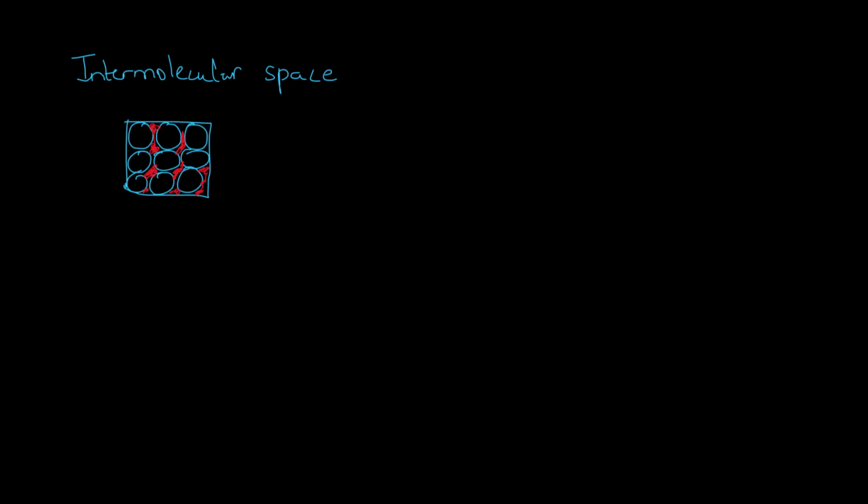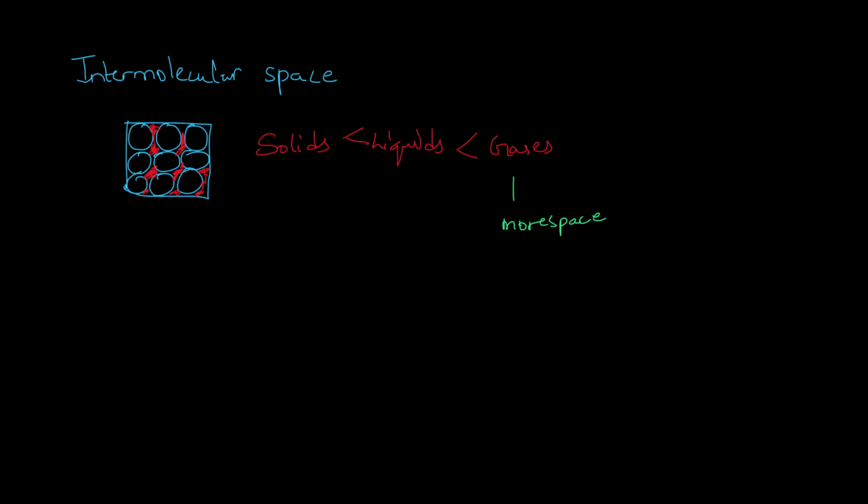The intermolecular space in solids is very less compared to liquids and very less compared to gases. So from this we can say that gases have more space compared to solids and liquids. Liquids have intermediate space between particles, whereas solids have very less space. So this is intermolecular space, meaning the space between particles of matter.